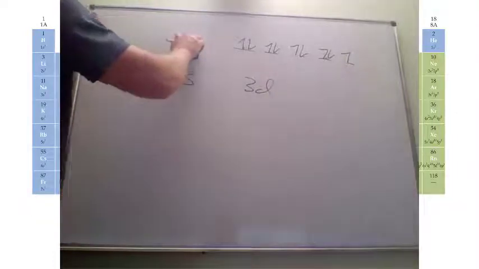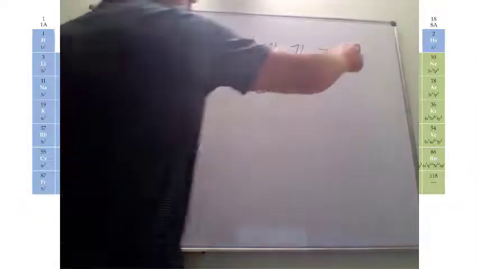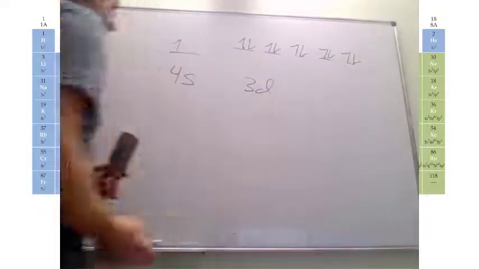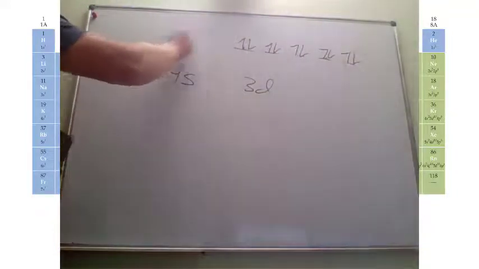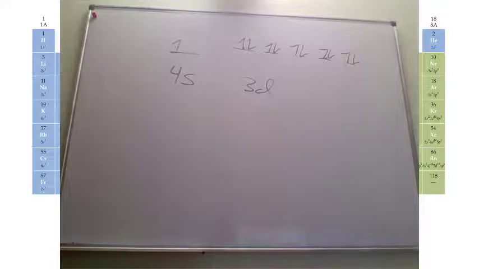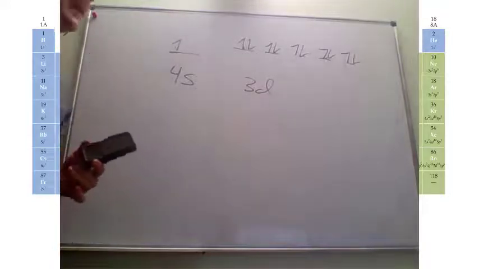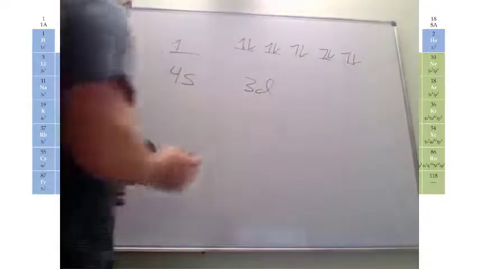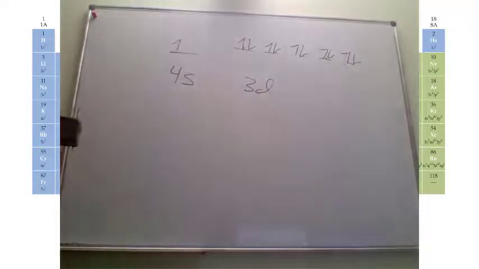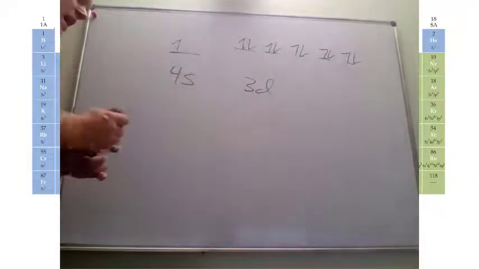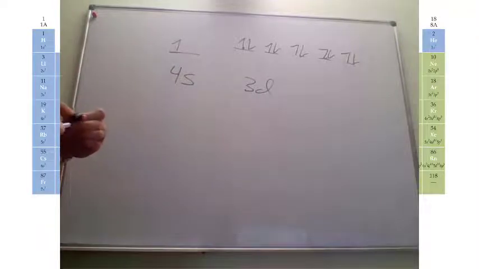But we can see that this is an anomaly where the electron actually pairs up in the 3d and leaves the 4s unpaired. So it's actually more energetically stable to have a completely full 3d orbital in this case than it is to have a full 4s orbital.